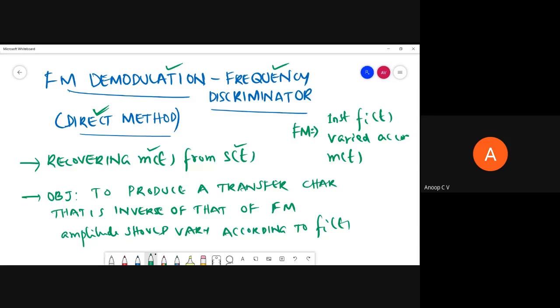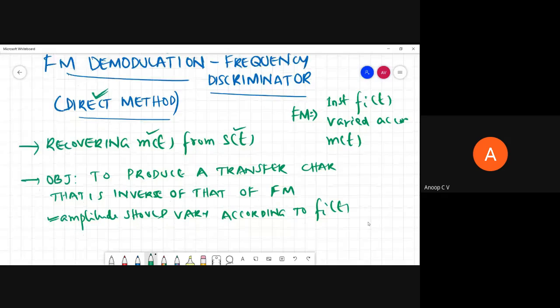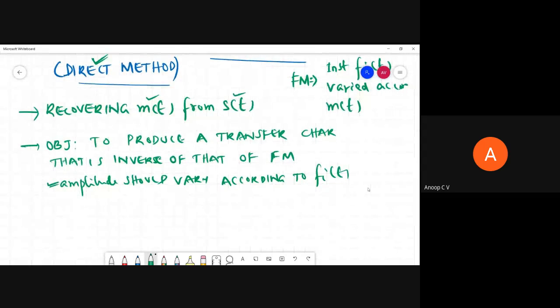So this is what is meant by producing a transfer characteristic that is inverse of that of frequency modulation. When they said that in the textbook, they mean the amplitude of the system, whatever demodulator system, should vary according to instantaneous frequency. That is meant by producing a transfer characteristic that is inverse of that of FM.